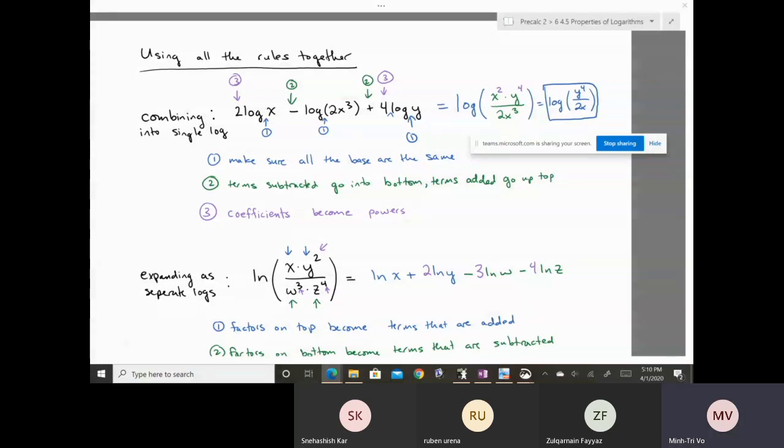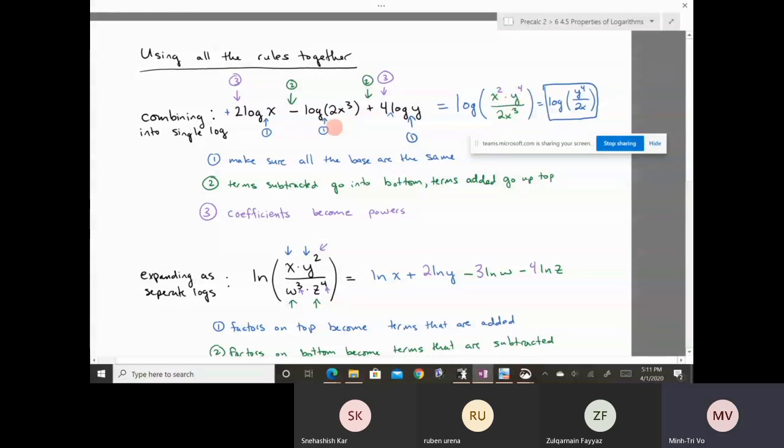Right? So I mean, there's no sign in front of this, but you can automatically think that's a plus, right? Because it's positive. Right? So the log for the x is being added and the log for the y is being added. Right? So when you combine them, that should be multiplied in the numerator. Right? So that's why I have the x times y in the numerator.